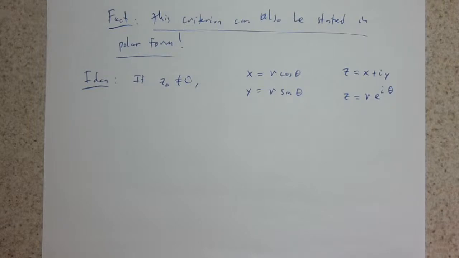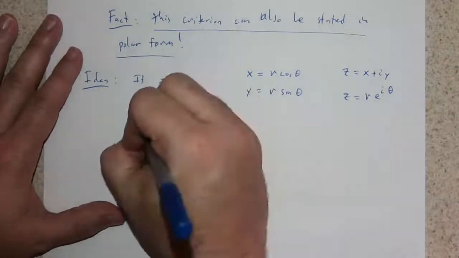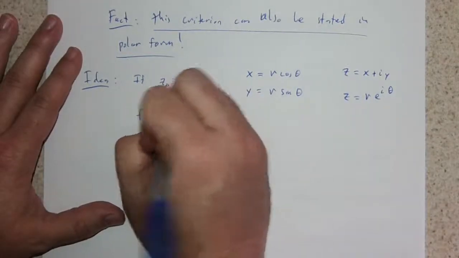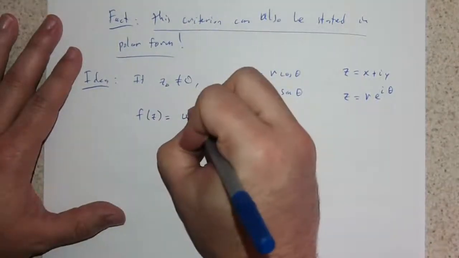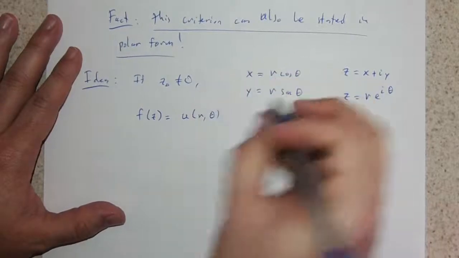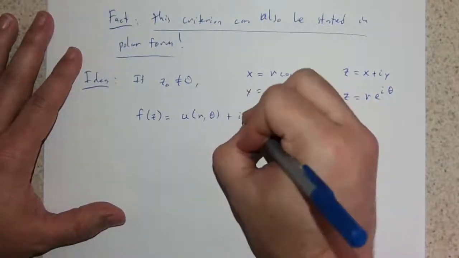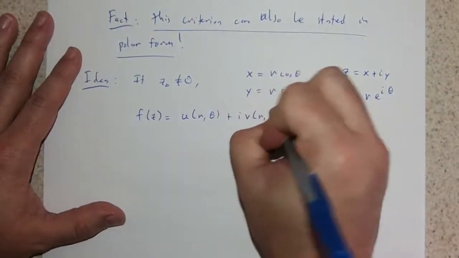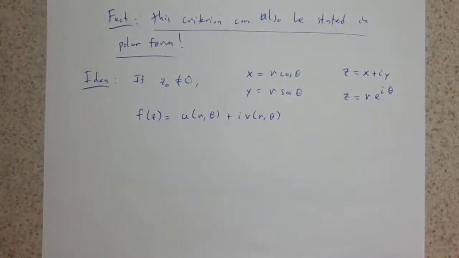And I want to think of my function f of z as being written as u in terms of r and theta plus I times v in terms of r and theta.